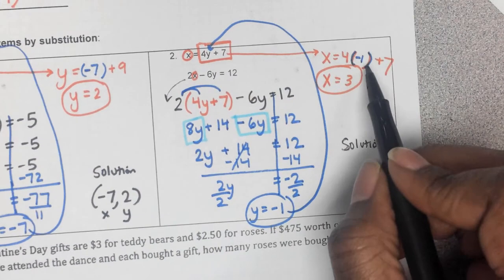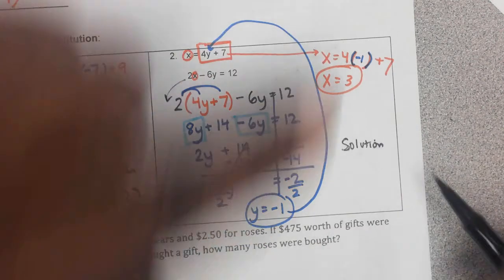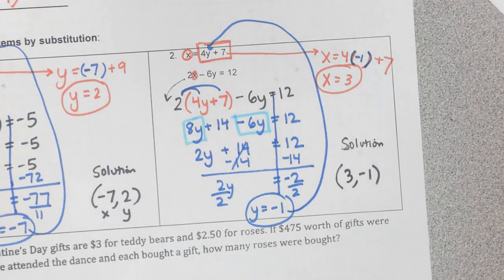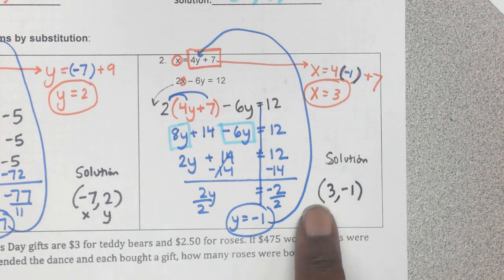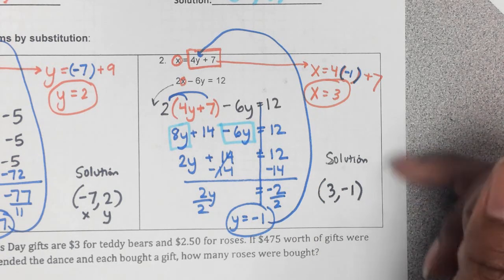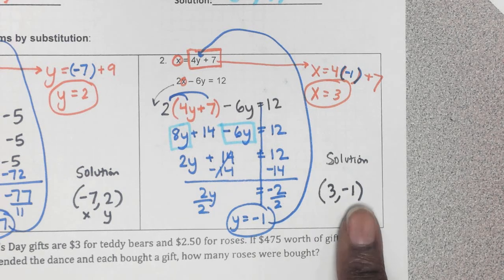Remember, you can't put the x in there, but if you just put this in the regular math part, it will tell you that it's 3. So remember, that means the x is 3, the y is -1. So when you're looking at multiple choice, make sure the 3 is in the x spot and the -1 is in the y spot.